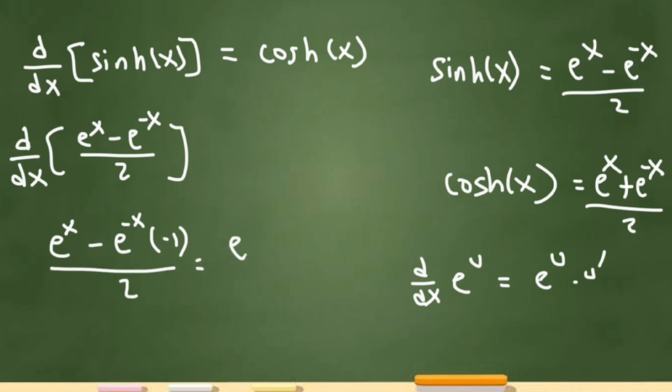So this becomes e to the x, and these two negative signs cancel, so it's plus e to the negative x over 2, which is what we have here, and that is equivalent to hyperbolic cosine. So that's how you can prove this particular derivative.